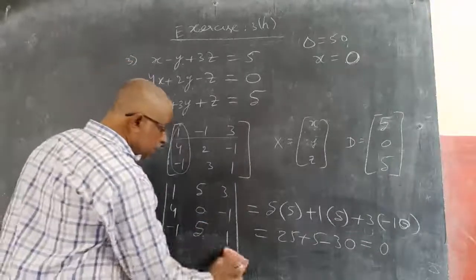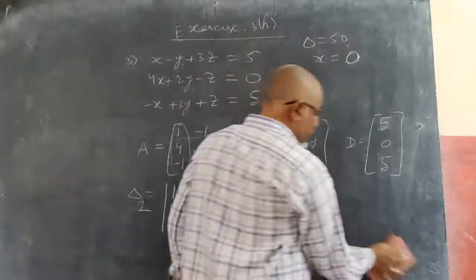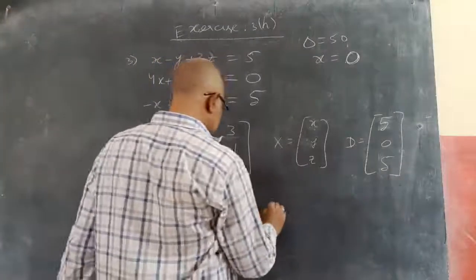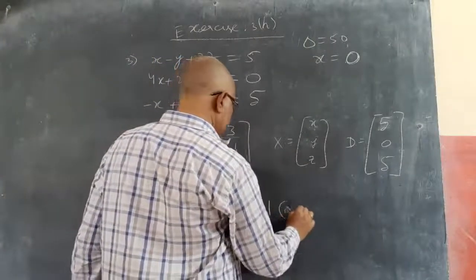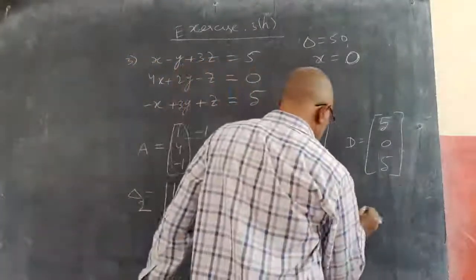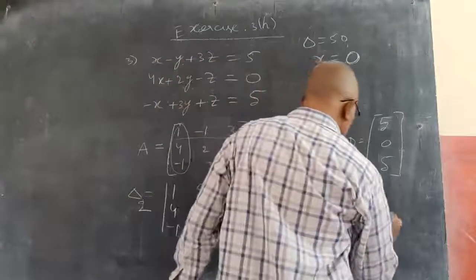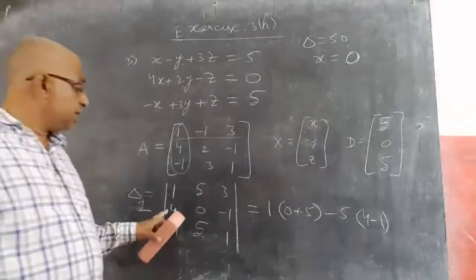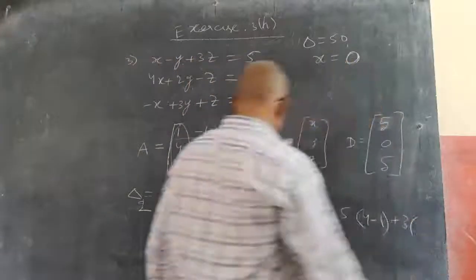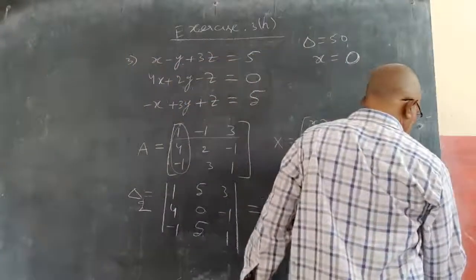Now find the determinant, which gives you delta 2. Automatically y is equal to delta 2 by delta, as I told. So if you find the delta of this: 1 into 0 plus 5, next minus 5 into 4 plus 4, minus 1 into 4 minus 1, minus 5 into 4 minus 1, plus 3 into 20 minus 0.